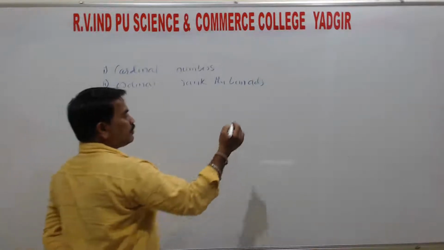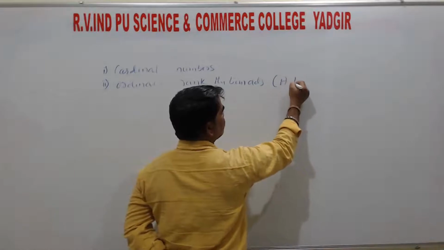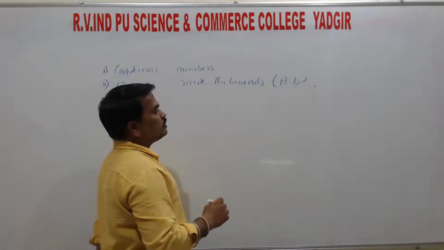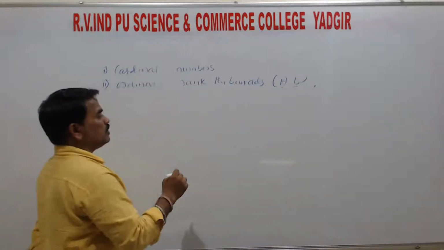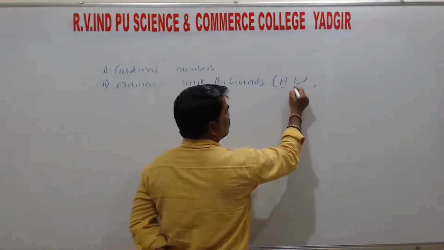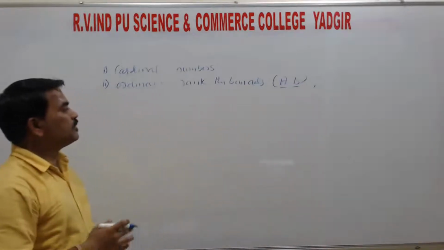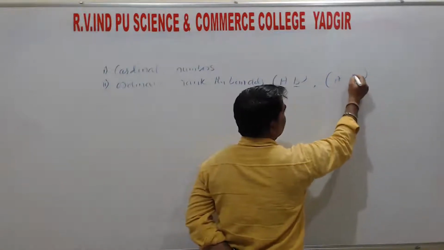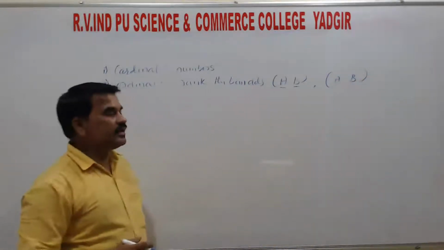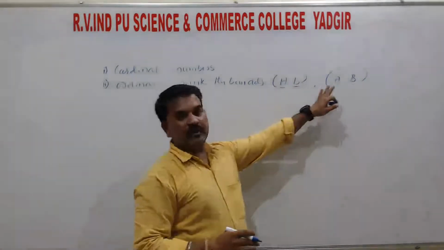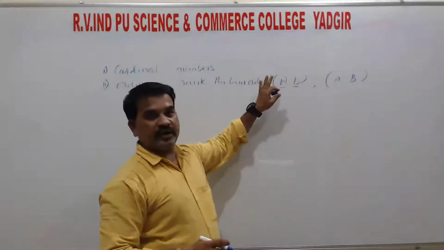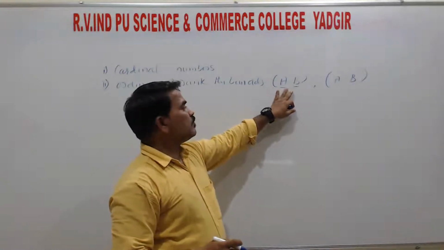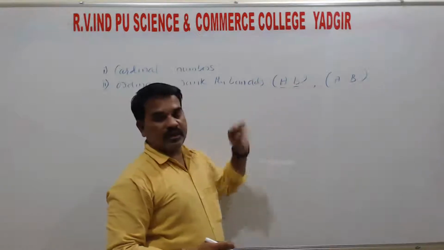So what do you mean by a bundle? You know that it's a combination of two goods. We assume that in the market we have only two products, A and B, apple and banana.